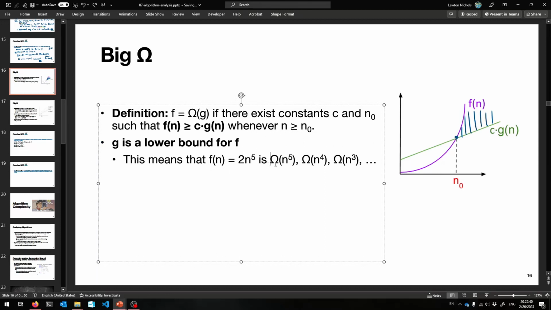This is big omega of n to the fifth, because you can just choose the constant to be 1, now it's smaller. Or you can pick smaller powers. That's big omega of n to the fourth, big omega of n cubed, because that's growing slower than f of n. You see that's the opposite. Now g is on the bottom. That's big omega. These are now lower bounds.